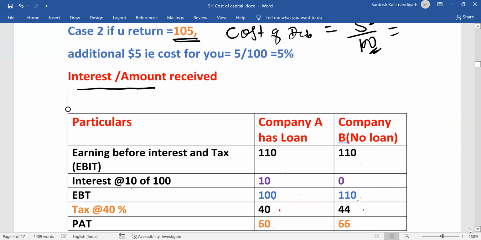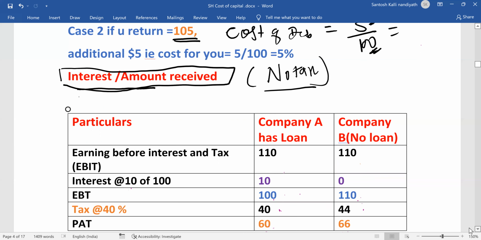This is the simple formula for cost of debt when there is no tax. It is very important, you cannot forget it: cost of debt when no tax is interest divided by amount received.